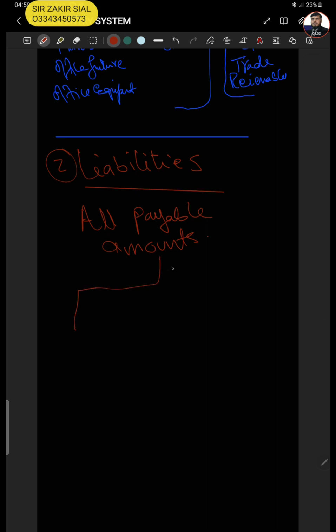These can be further divided into two parts: non-current liabilities and current liabilities.